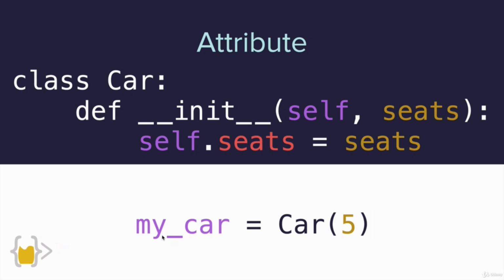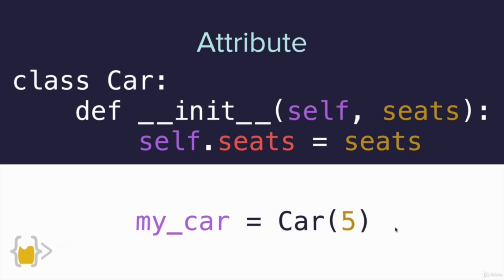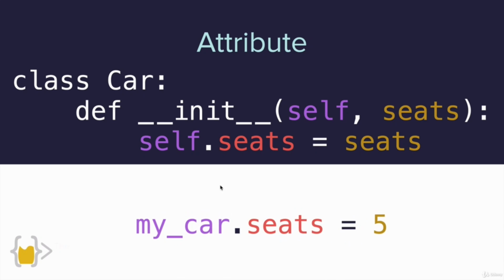So in this case, once this line of code has completed, then mycar.seats is going to be equal to 5. And this is exactly the same as if we created our mycar object first, and then we said mycar.seats equals 5. It's completely the same.